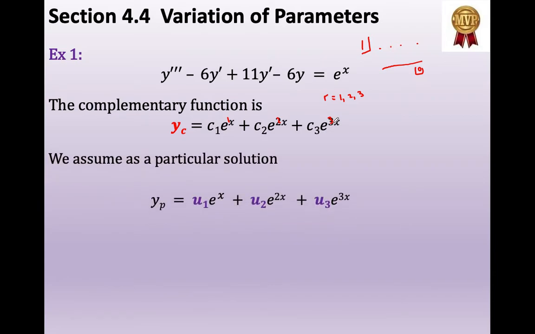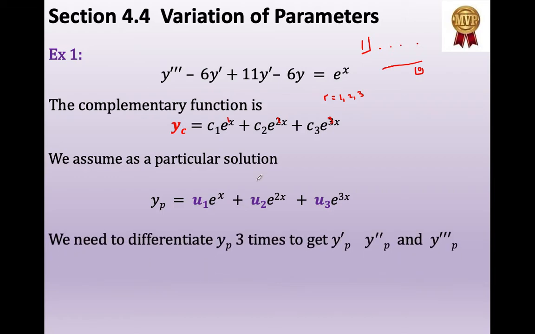So now we assume a particular solution where we use the same fundamental functions that we have here, 1, 2, and 3, but multiplied by other functions, not constants. Now, you won't have to do this for any other problem, so it's up to you whether you want to write this down or not. But I'm going to do a proof like I did before.